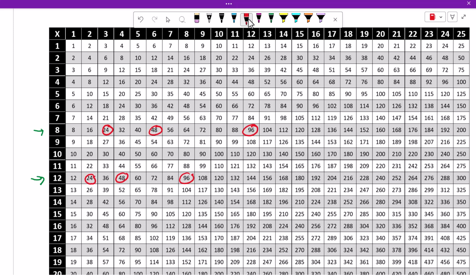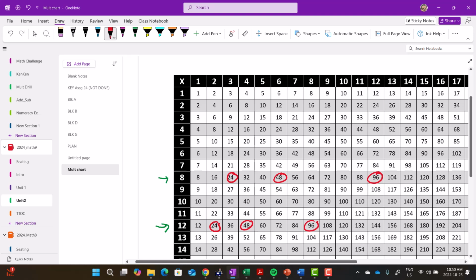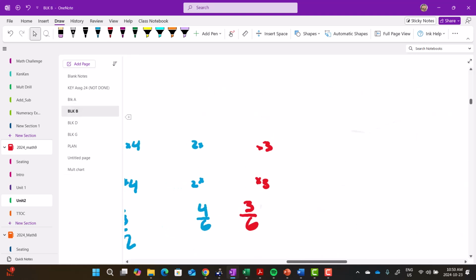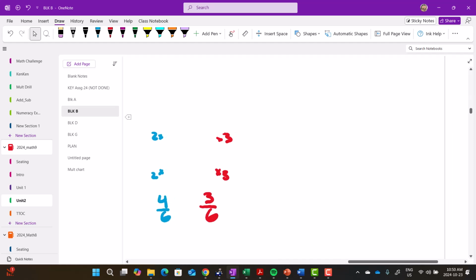So we're going to multiply the 12 by 2, and we're going to multiply the 8 by 3. So if you're not sure, you can use your multiplication chart. Who's seen that before? Only a couple people. All right. So go back here. You want to make both of them 24.